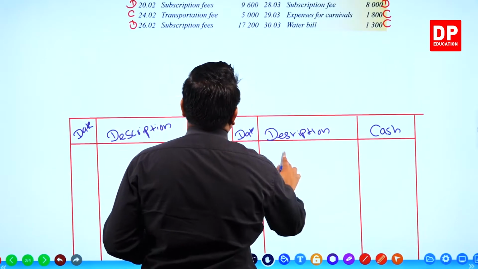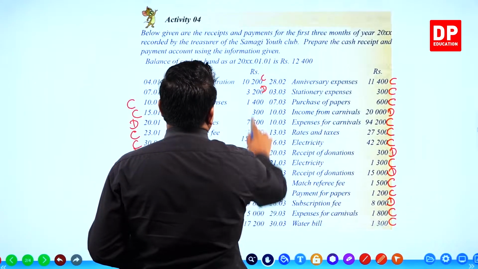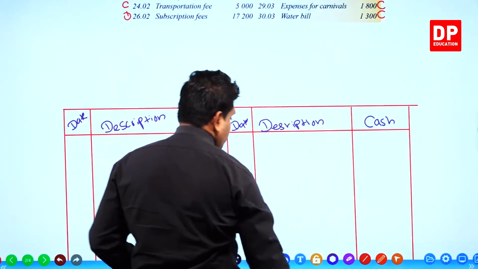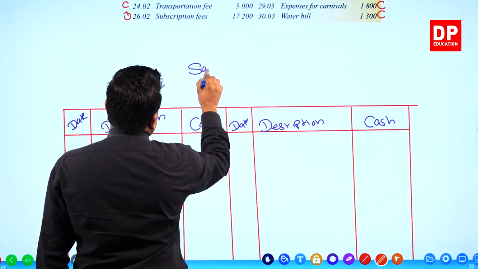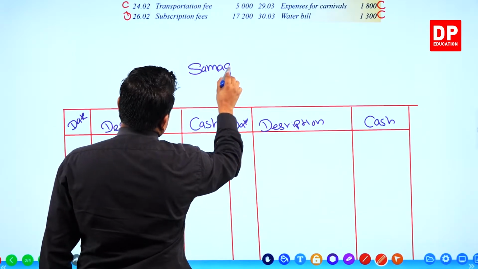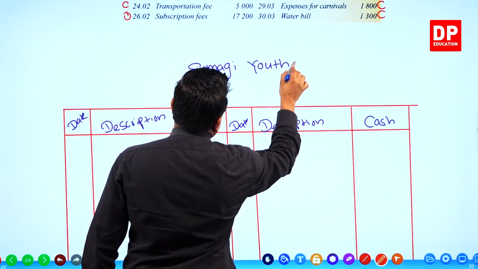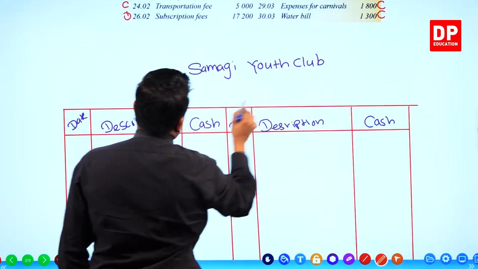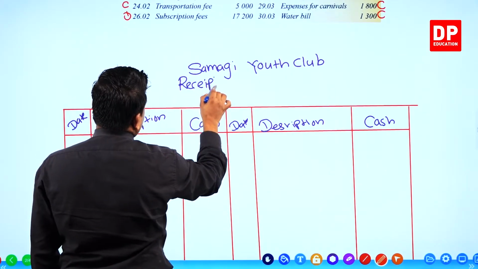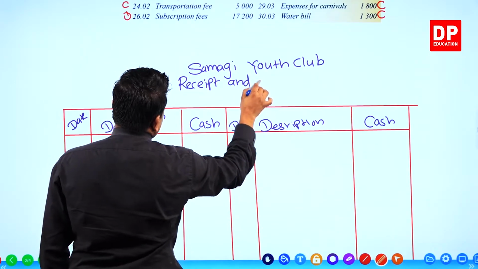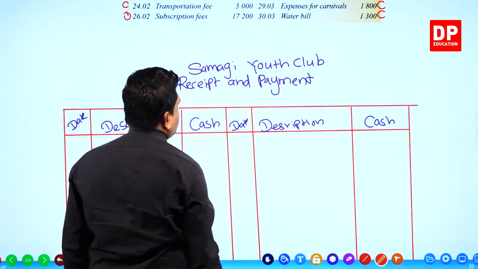You have to write the name of the business, right? Not-for-profit organization. This is Samagi Youth Club, right? Then you write here Samagi Youth Club. Receipts and payment account.